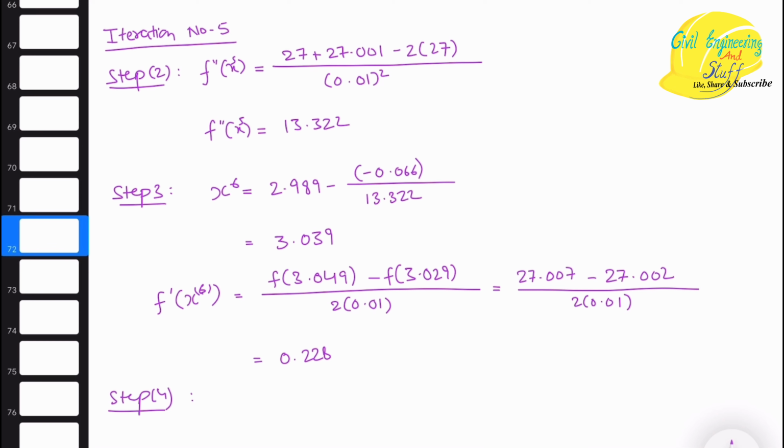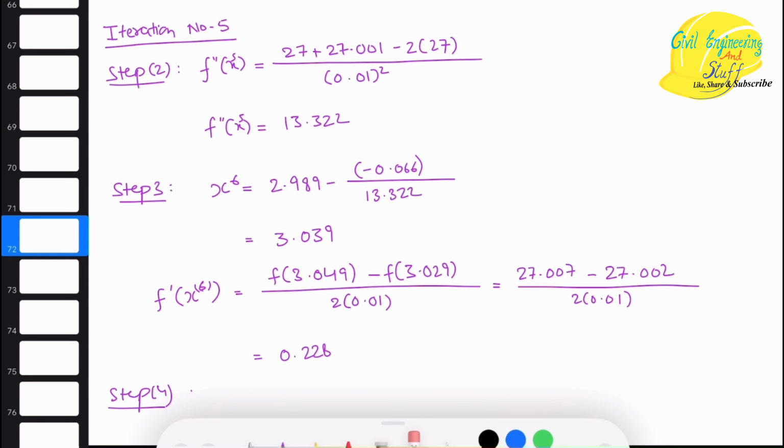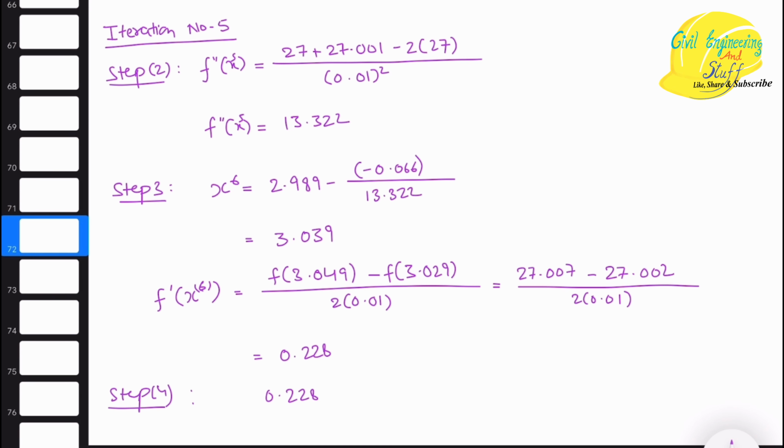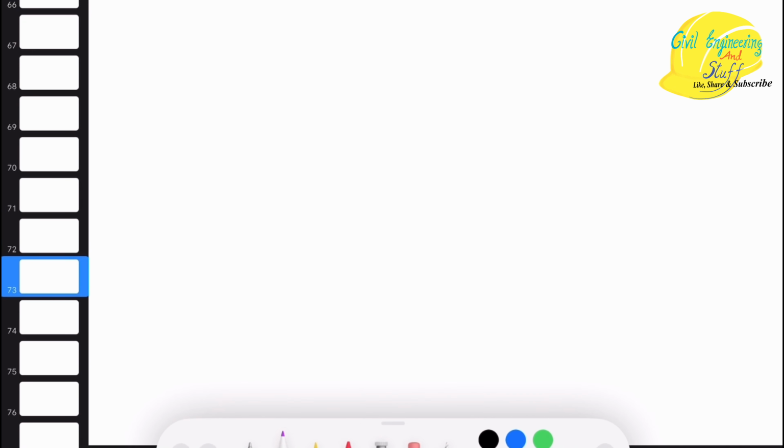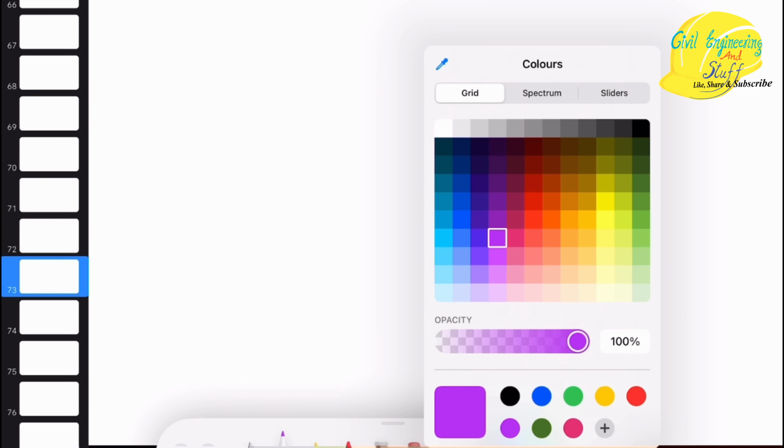Step 4, and we'll observe that our 0.228 is still not less than 10 to the power minus 3, and therefore we'll again move to step 2. This completes our iteration number 5. Now we are going to do iteration number 6.